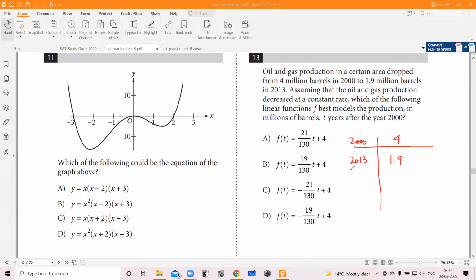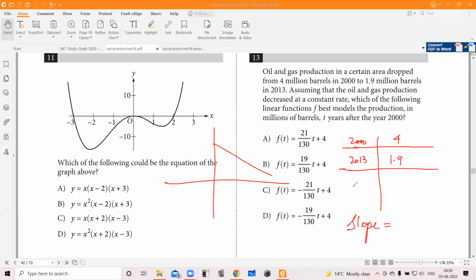Assuming that the oil and gas production decreases at a constant rate, which of the following linear functions best models the production in millions of barrels t years after the year 2000? Well, can't we just plug in those numbers? Or we can get the slope first. That'll be better.